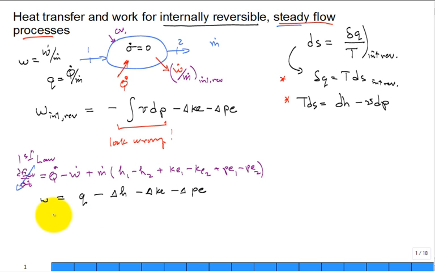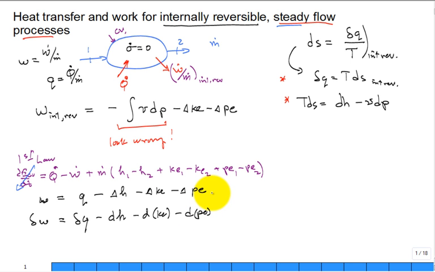So at this point we could even think about a really small amount of heat transfer. Maybe I should do that in another step. I think I have room. A very small amount of work transfer, a very small amount of heat transfer minus dh, minus the change in the kinetic energy minus the change in the potential energy.